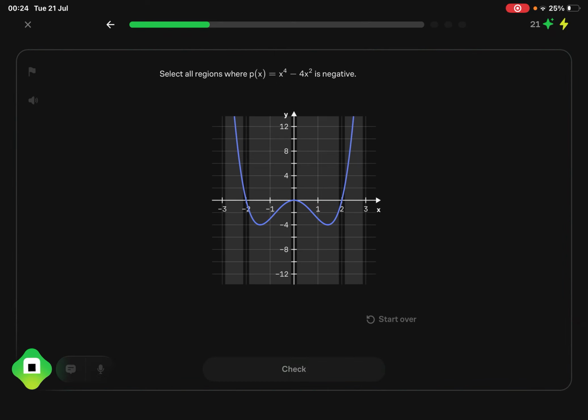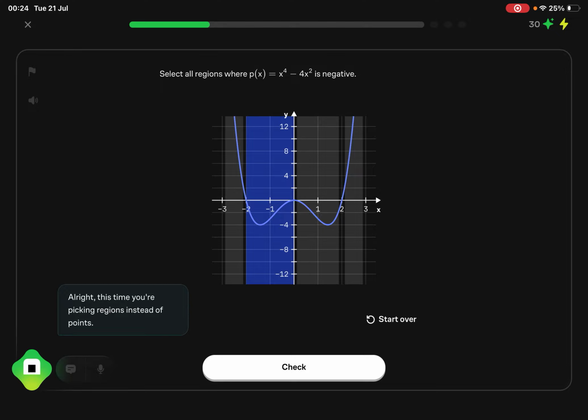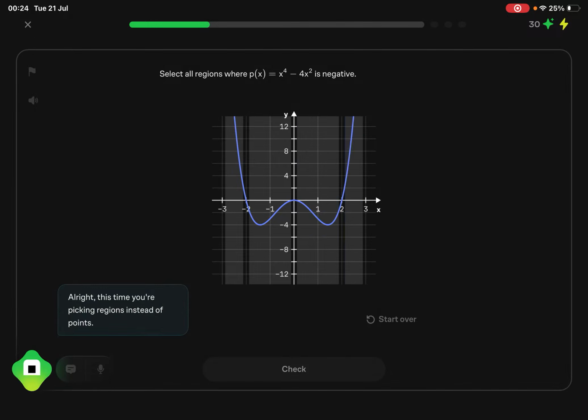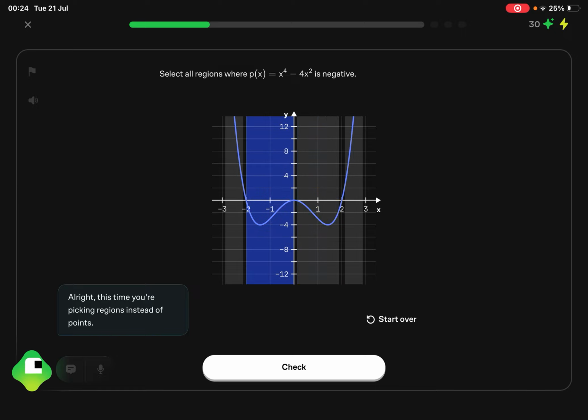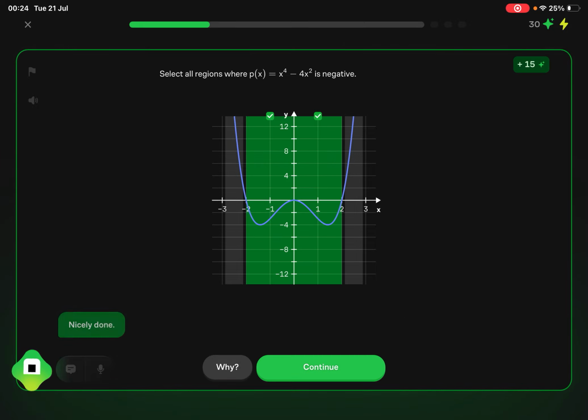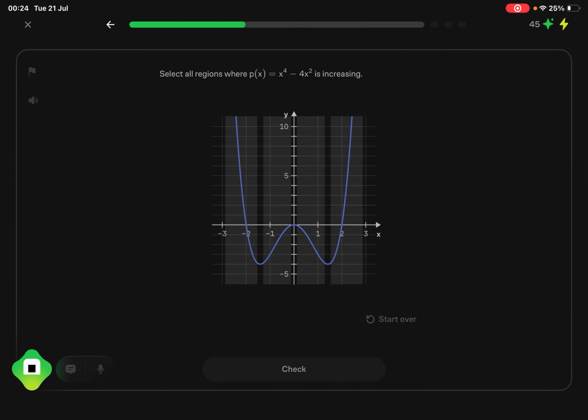Well done. All right, this time you're picking regions instead of points. Nicely done. Now find where p is increasing.